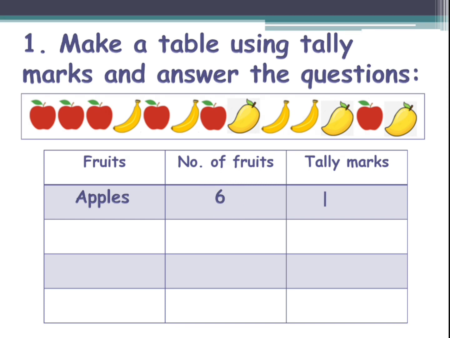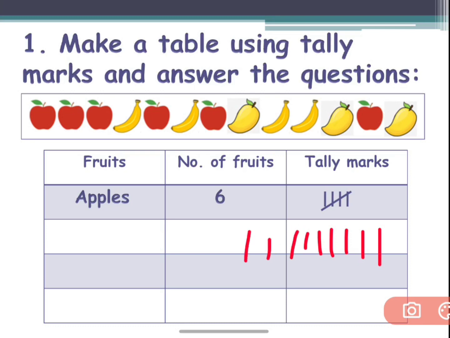Let's see how. So 1 you have already written, 2, 3, 4. Okay, 4 you finished, isn't it? The fifth one should be crossing over the 4. If you draw continuously 6 like this, 1 2 3 4 5 6, again you need to count. For example, there are so many lines. How many are there?